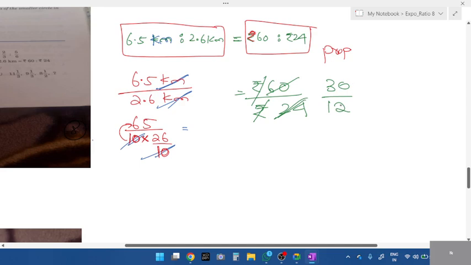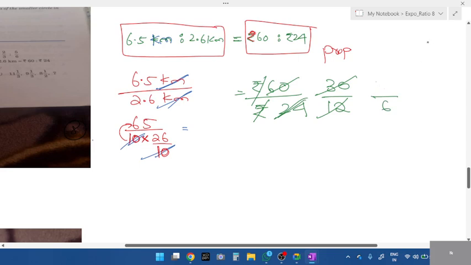Same. 2 goes in 30 and 12, right? 2 might go, 3 might go. Okay, which one shall I use? Then what do we get? Okay, down it is 6.